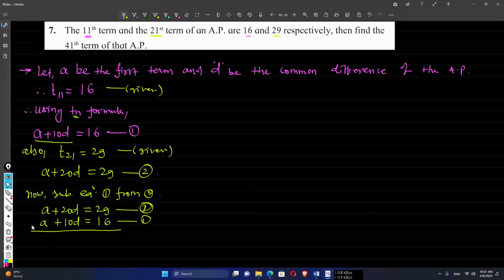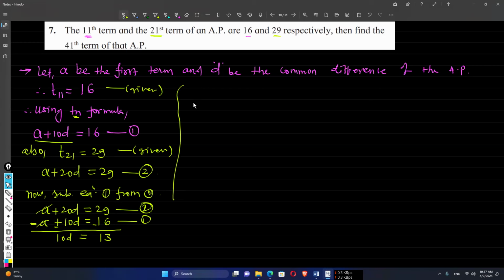Now let's change the sign of each term in the second equation. So 29 minus 16 is 13. A positive and A negative will be cancelled out, and 20D minus 10D is 10D.